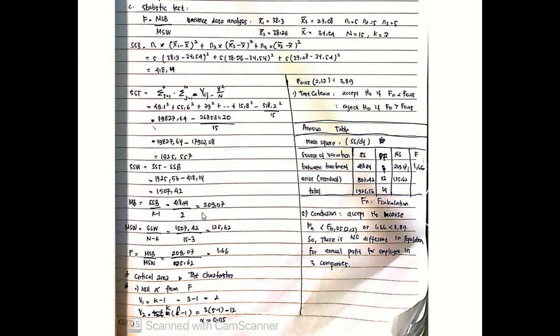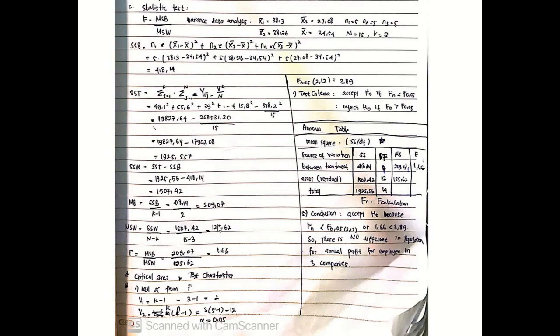Continuing to the MSW, which is SSW divided by n minus k: the SSW we got before, divided by the number of data, 15, minus k, where k is 3.